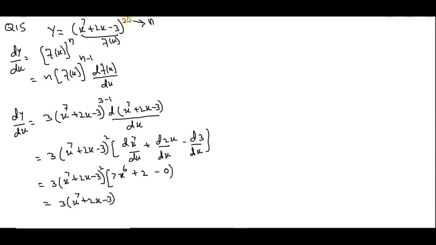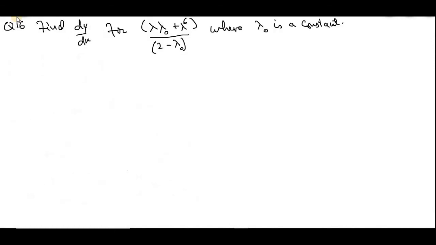So 3 x raised to power 7 plus 2x minus 3 whole square and 7 x raised to power 6 plus 2 is the derivative for the given function. So this is our answer.